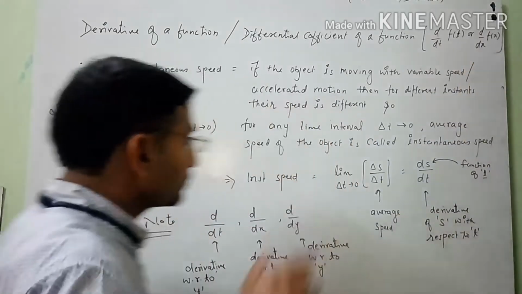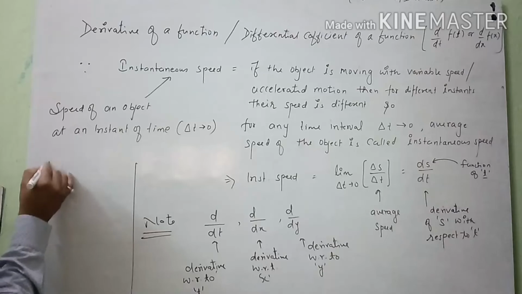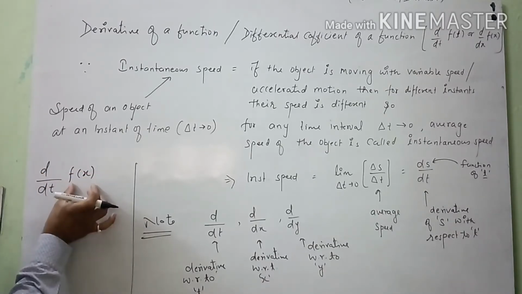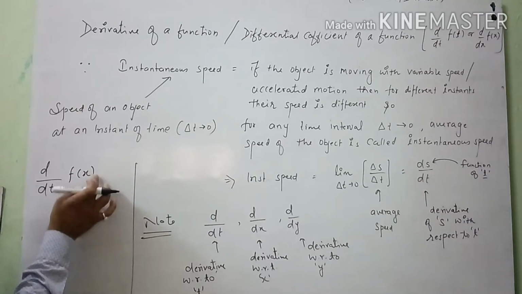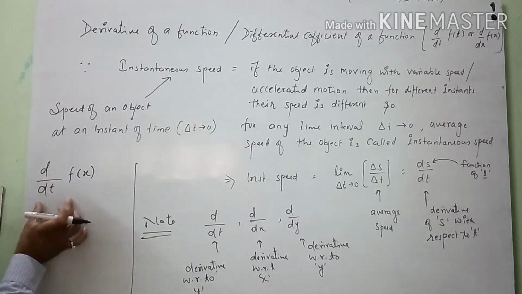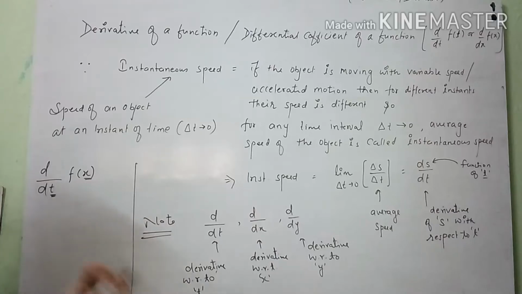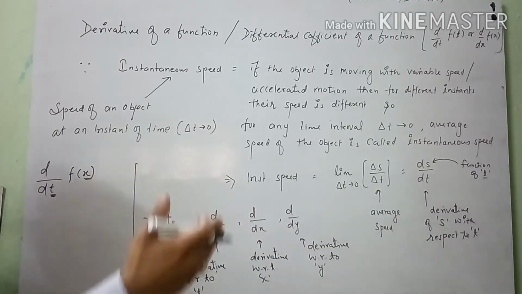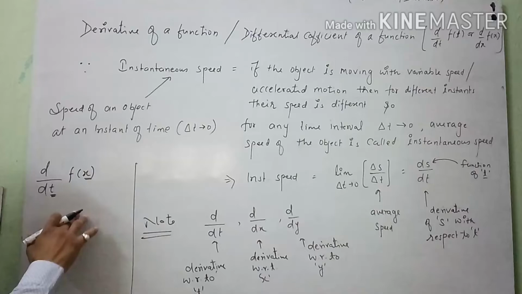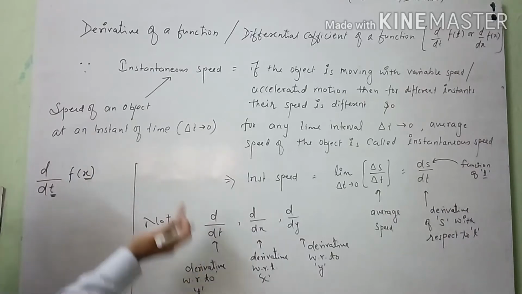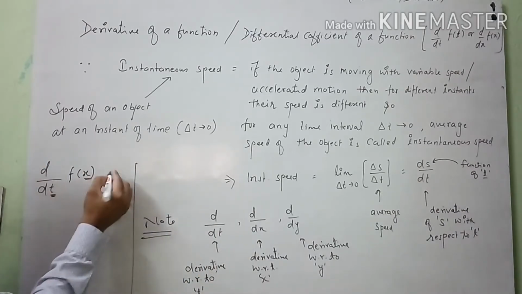Suppose I use another function, a function f(x), and I want to differentiate this function with respect to t. See here, x with respect to t behaves as a constant number, and we will discuss this topic in our next lecture on differentiation: when we differentiate a constant function with respect to t, the answer is 0.